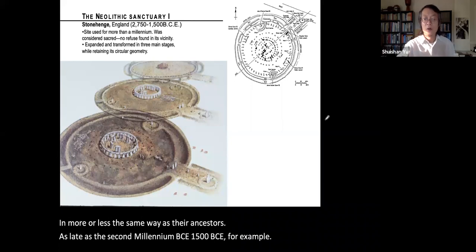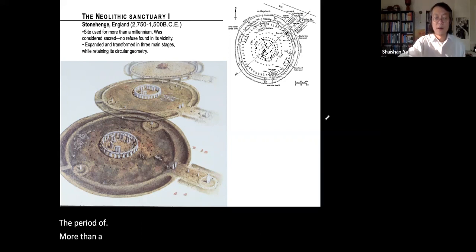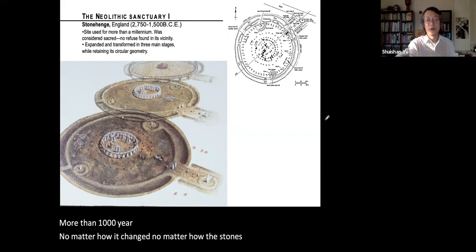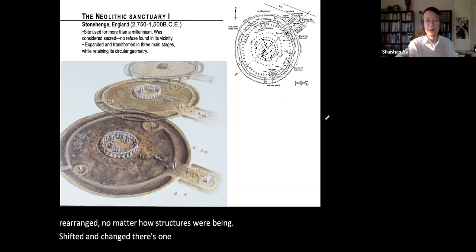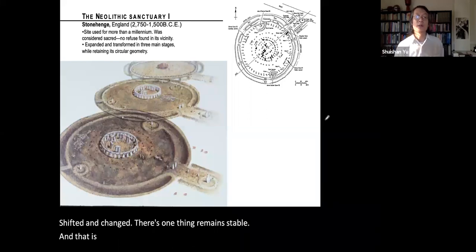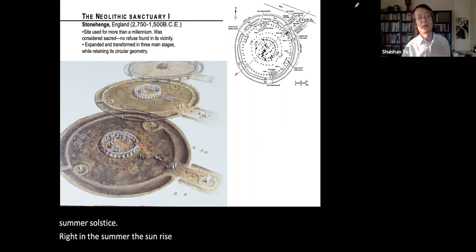But over the period of more than 1,000 years, no matter how it changed, no matter how the stones were being rearranged, no matter how structures were being shifted and changed, there's one thing that remains stable, and that is the orientation of the monument. The orientation is toward summer solstice. Right? In the summer, the sun rises from the northeast in the northern hemisphere.